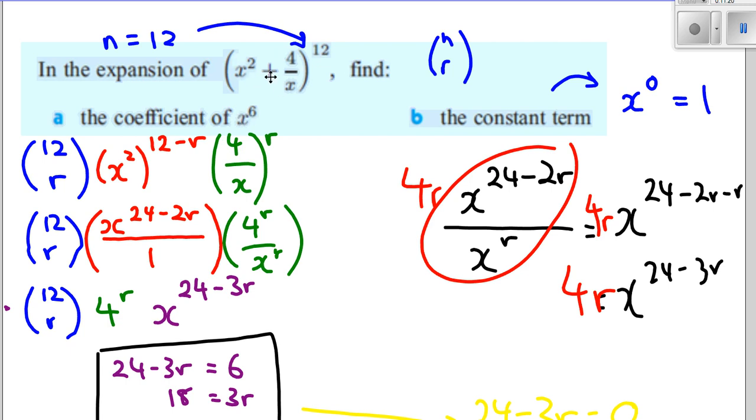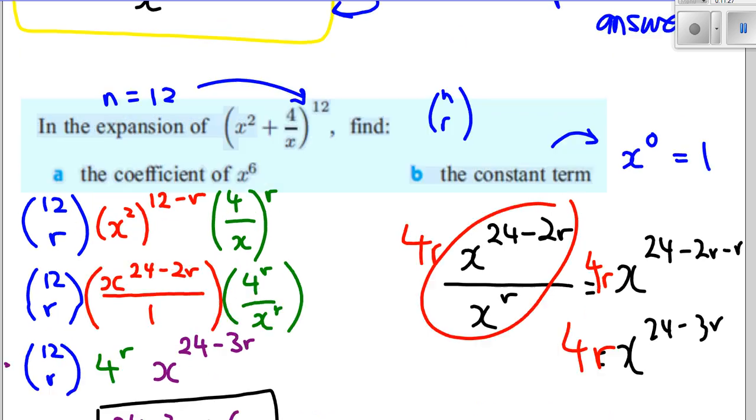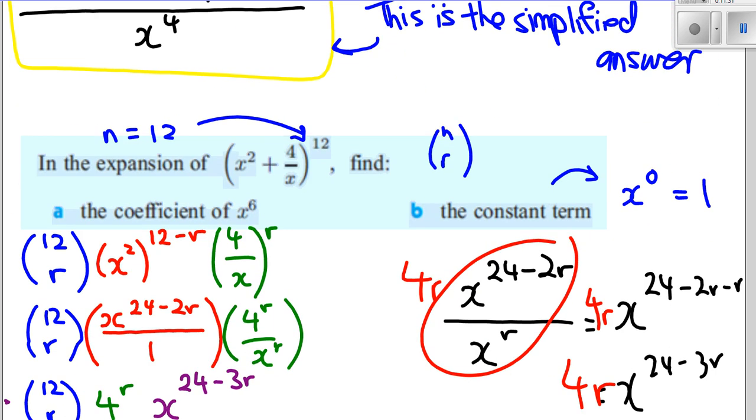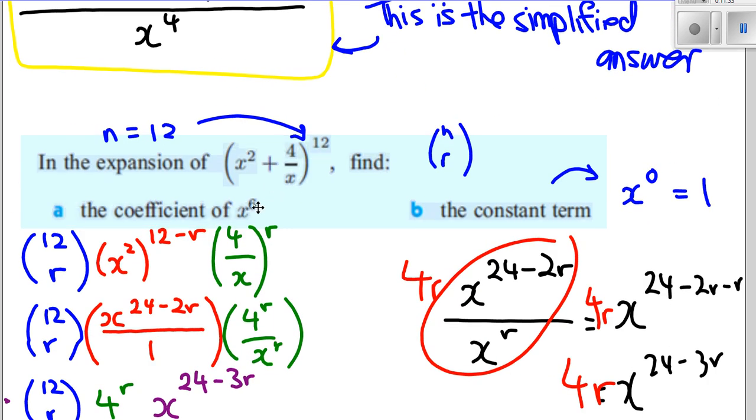Yes, Krista? You can also use the other way, right? This was just another strategy. Notice the slight difference between this one. This one asked for the 7th term. Yeah, but couldn't you just still find it and then just write the coefficient and not the extra? If it was just a regular x plus 5 or 2x plus 3y, it would be fine. But see how there's an x squared and an x in a fraction?